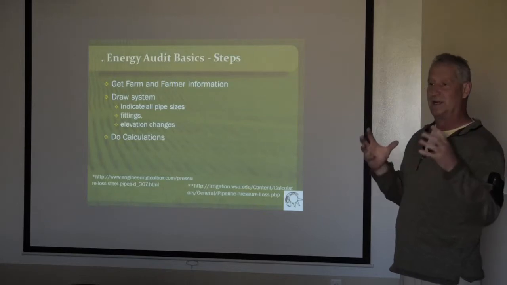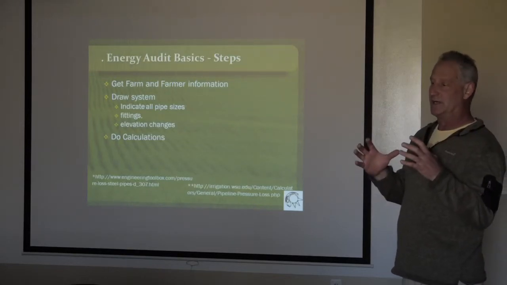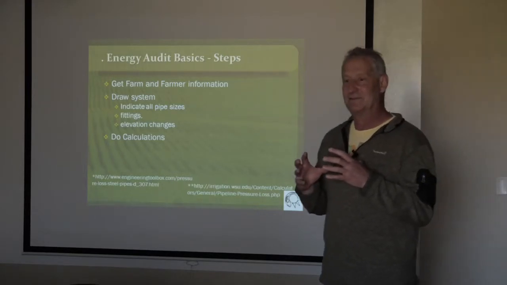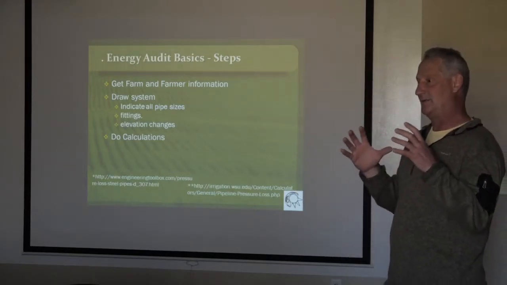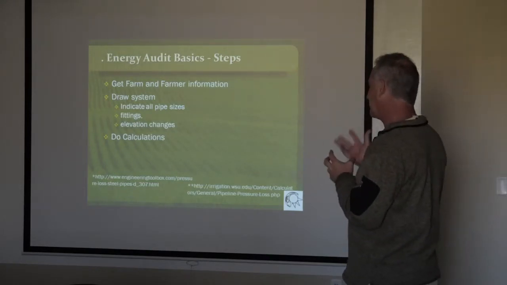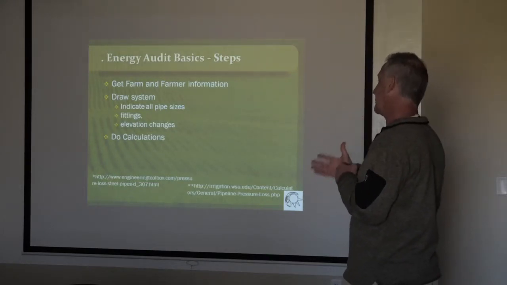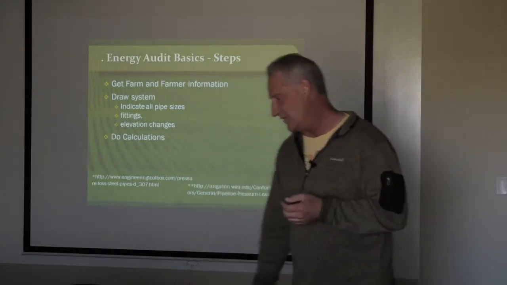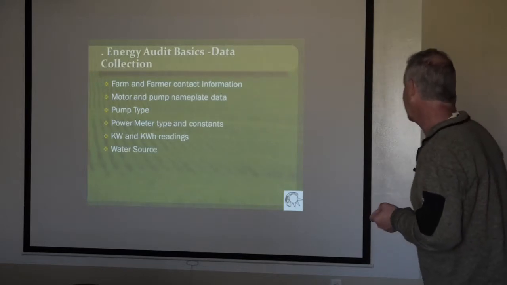A lot of times the effective inside diameter is less than new pipe, because pipe gets smaller over time. Okay, all the pipe sizes, all the fittings, all the elevation changes, do all those calculations that by now you're saying, I will never do those calculations.